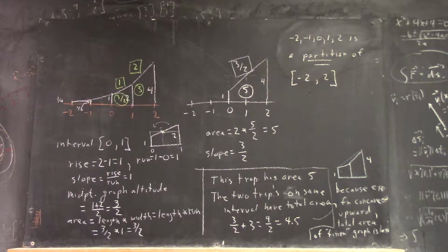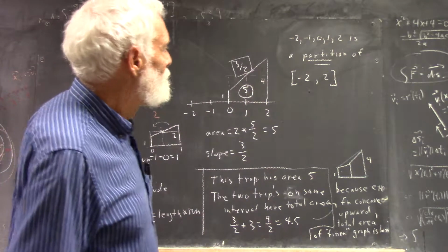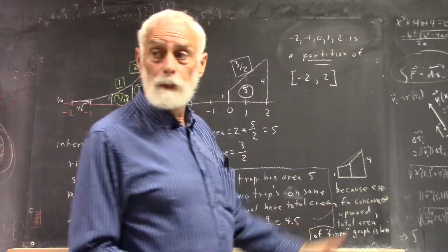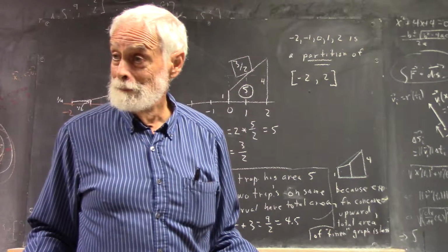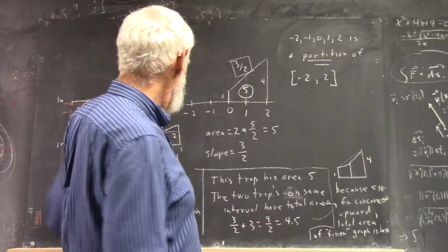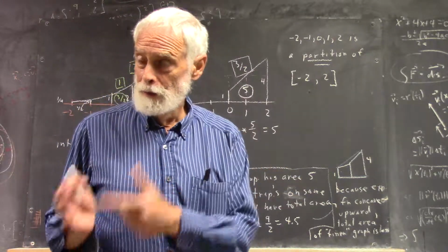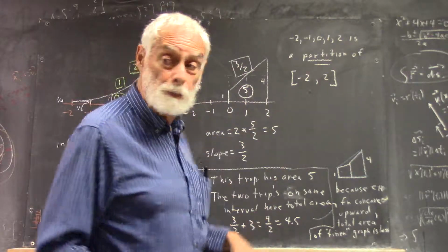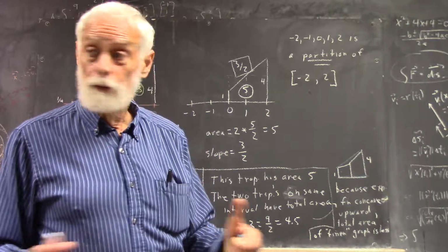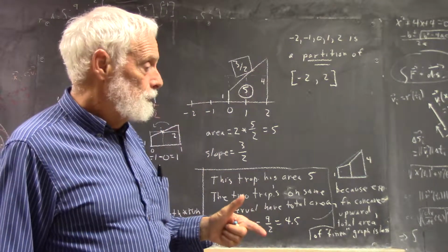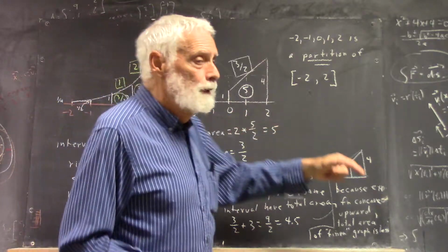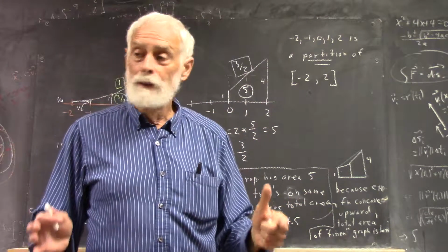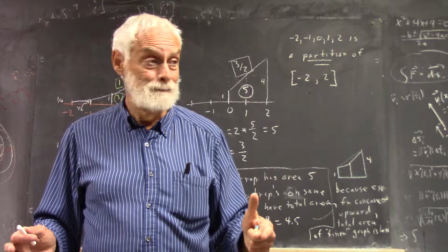All the integers? Yes, but a partition doesn't have to always be integers. If we were doing this with some of the other functions, we'd have halves. We don't use halves for our basic exponential function, so we're not going to confine ourselves to integers, but you got the right idea. It's a way of breaking up the interval.